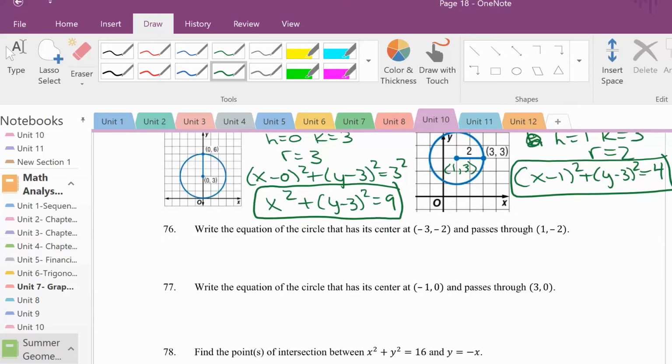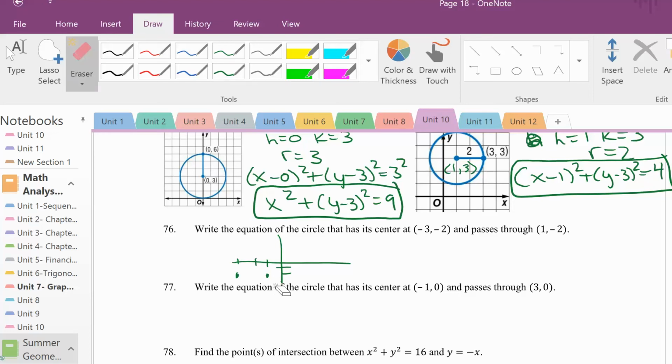All right, here it says write the equation of the circle that has its center at negative 3, negative 2, and passes through 1, negative 2. So that means basically if you drew it, negative 3, negative 2 would be here, and 1 point on the circle would be here.